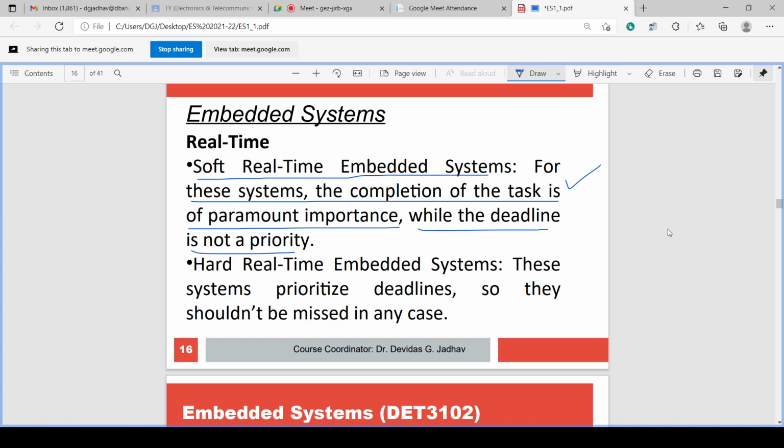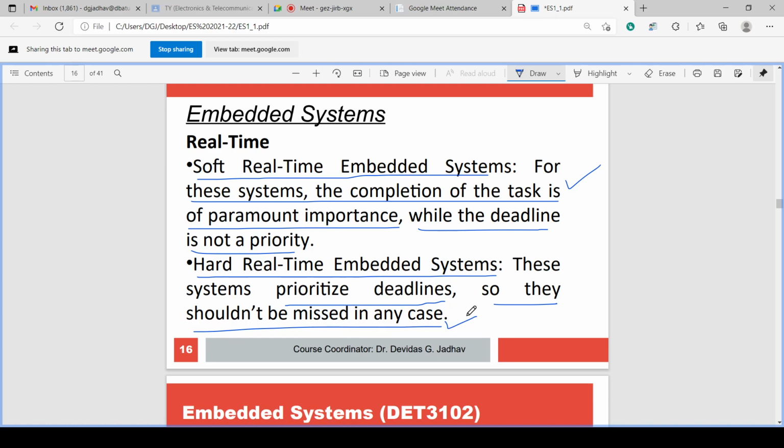What is in a hard real-time embedded system? These systems prioritize the deadlines, so they should not be missed in any case. Time deadlines are prioritized because the next function depends on the completion of the first function.